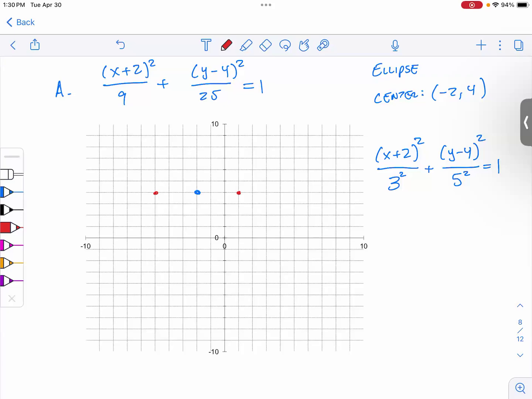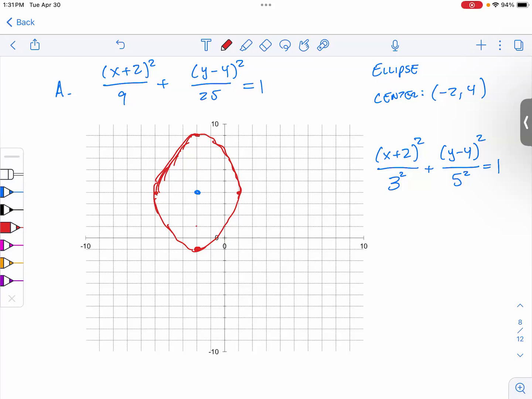And similarly, 5 off of the y. And those are as close to corner points as you can get on a circular object. Those are the corner points of my object. So I should be able to basically sketch my ellipse, and it should look something like that.